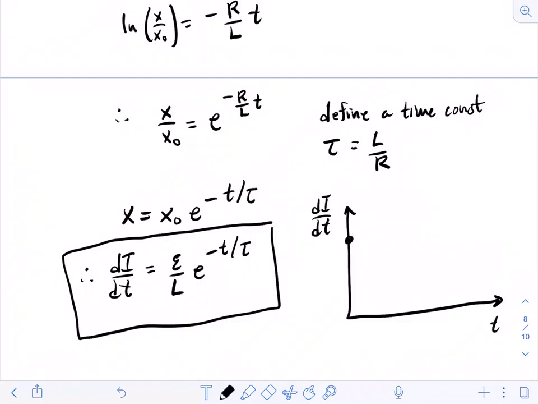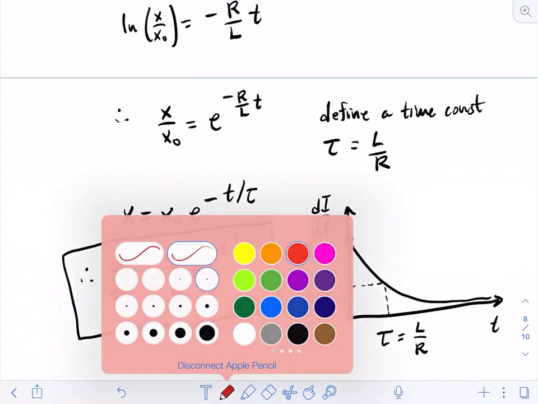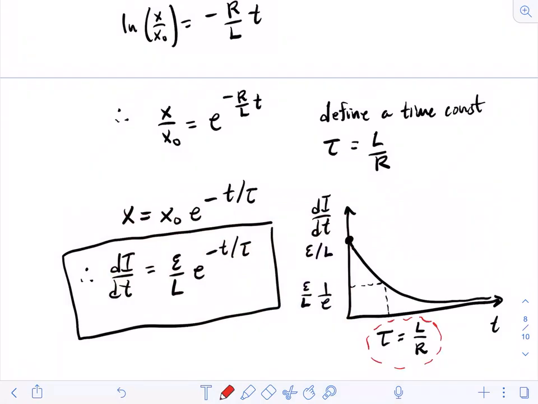It starts at a value of the EMF divided by the inductance, and then it decays exponentially, like so, and tau is somewhere over here, and that's equal to the time L over R. So how quickly the current changes is determined by the inductance L and the resistance R via this time constant tau, which is L over R.